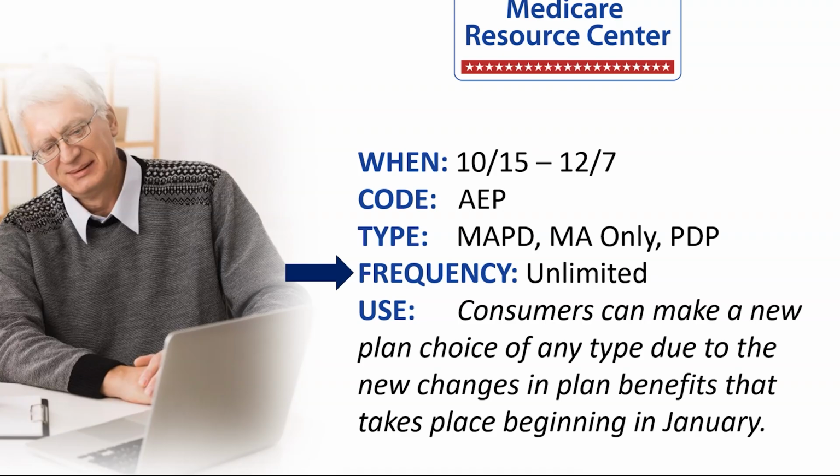So this is a unique enrollment period because you have an unlimited amount of times that you can use the AEP enrollment code during October the 15th through December the 7th. And the last app received by enrollment is the one that will go through, okay?